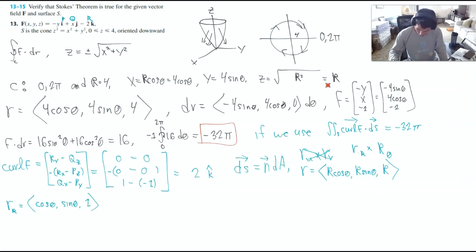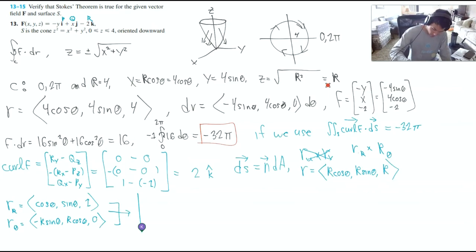I take r with respect to theta, I get negative R sine theta, R cosine theta, and 0. So I'm going to put these guys in a determinant to take their cross product. And that'll be cosine theta, sine theta, 1, negative R sine theta, R cosine theta, 0.